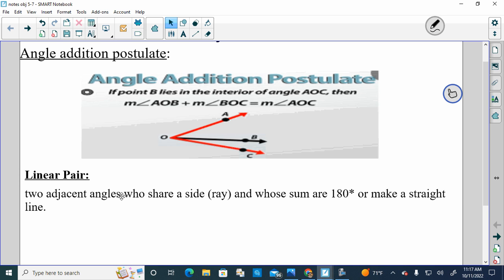So if I said that this was 20 degrees, and this was 40 degrees, you can tell me that the red angle is what? 60 degrees, because we add the two small ones to get the big one. Or if I didn't know this, and I knew this small one, but then I knew that the big one was 60 degrees, and you're asked for the small one, what are you going to do with those two?